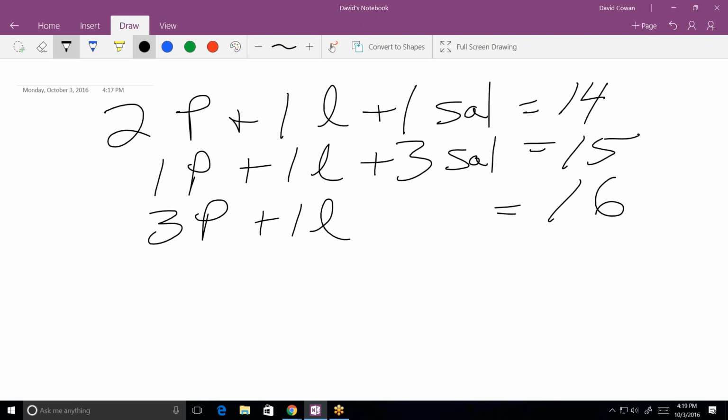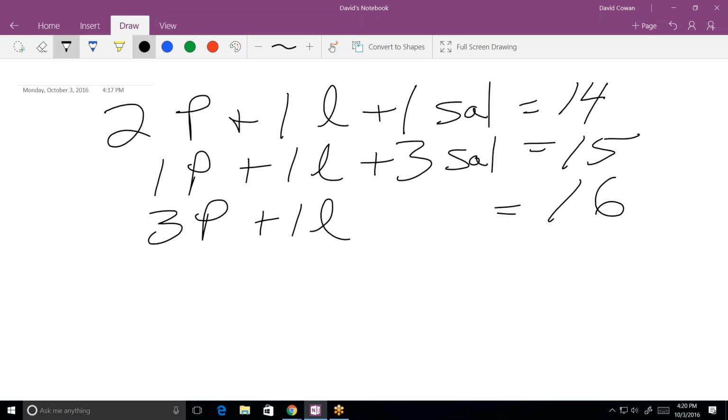Well, I could say x is the cost of a pizza. That's what they want. You define your variables by going to the last sentence. The last sentence says, what is the price of a slice of pizza? Well, in order to figure out what pizza costs, I actually have to figure out what a slice of pizza costs, what a liter of soda costs, and what a salad costs.